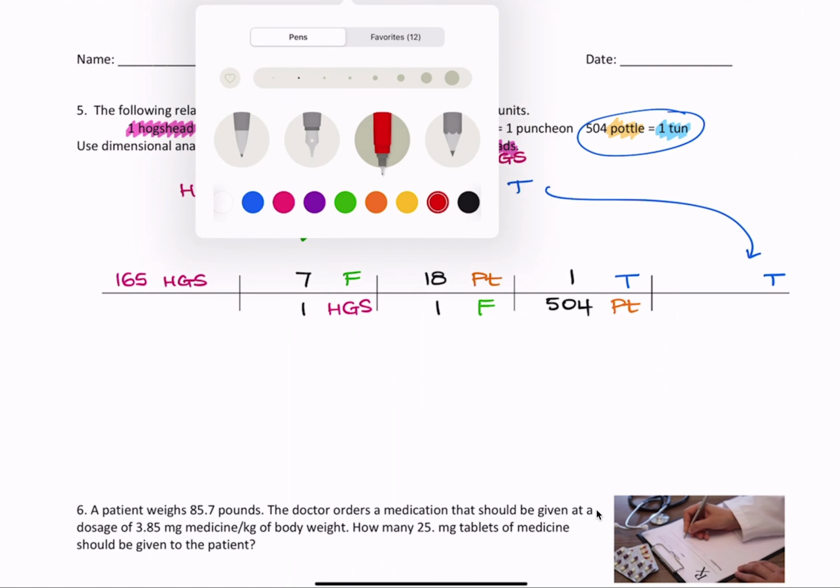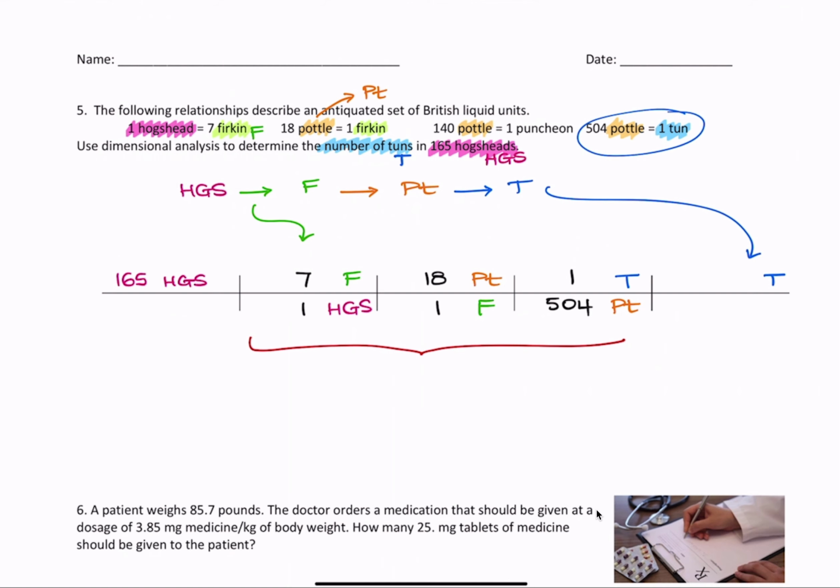Because all of these units here are within the same system, the British liquid units, they are all exact. Therefore, they have an infinite number of sig figs.